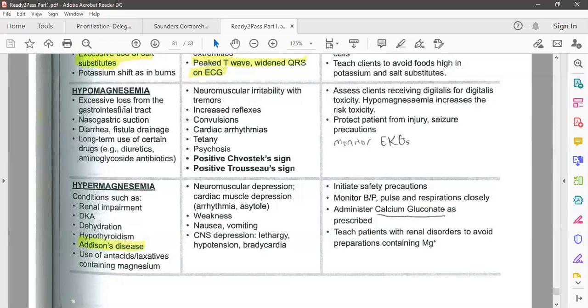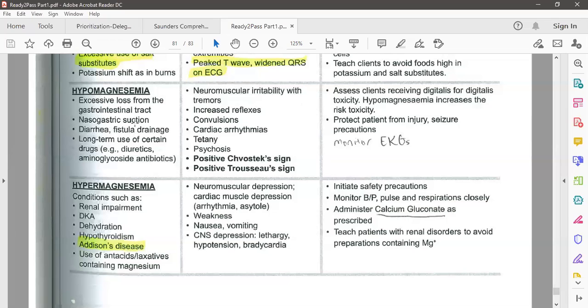Excessive loss from the gastrointestinal tract or GI losses, nasogastric suction, diarrhea, or fistula drainage loss, or long-term use of certain drugs like diuretics or aminoglycoside antibiotics.